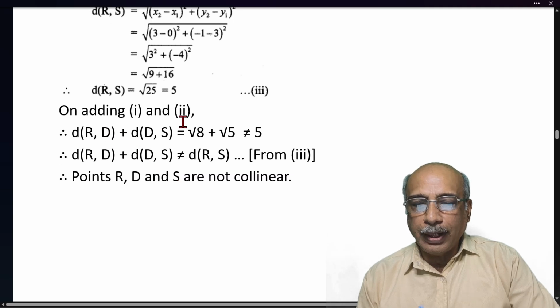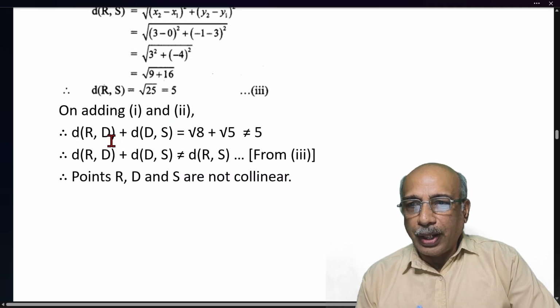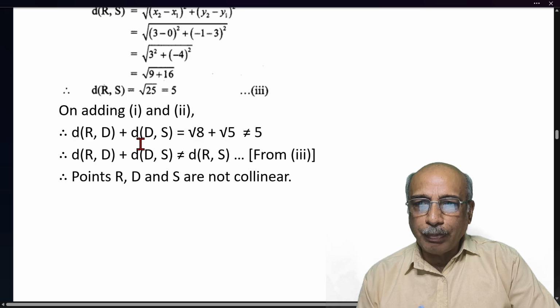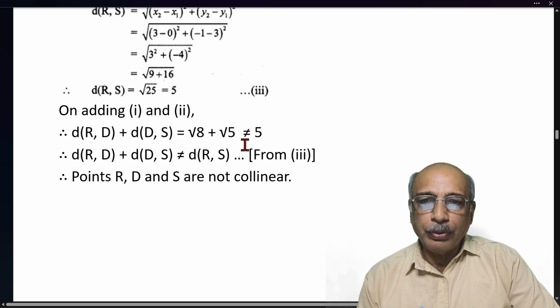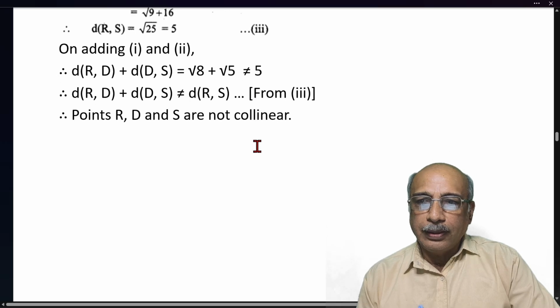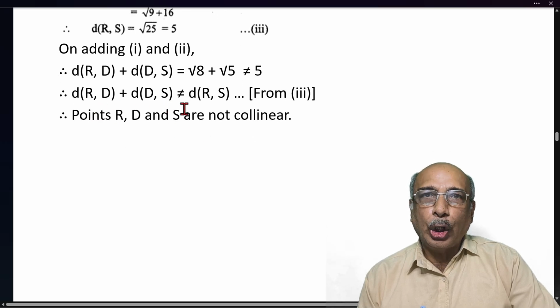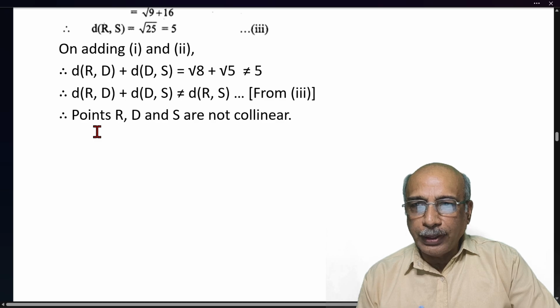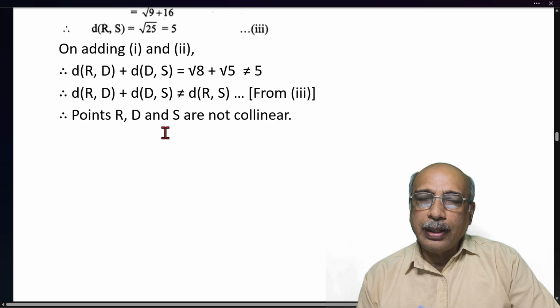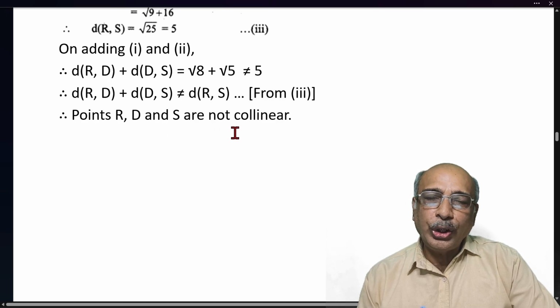On adding the two smaller segments, we get distance RD plus distance DS equals root of 8 plus root of 5, which is not equal to 5. Therefore, distance RD plus distance DS is not equal to distance RS from above. Therefore, the points R, D and S are not collinear.